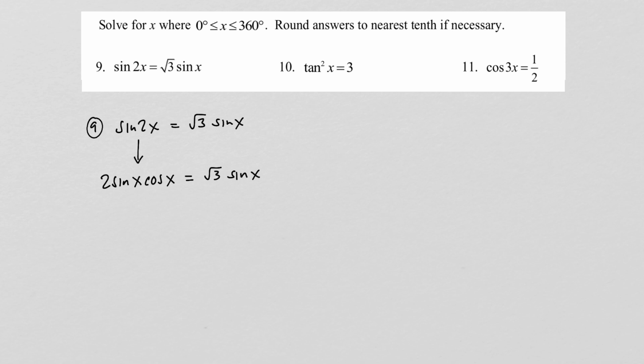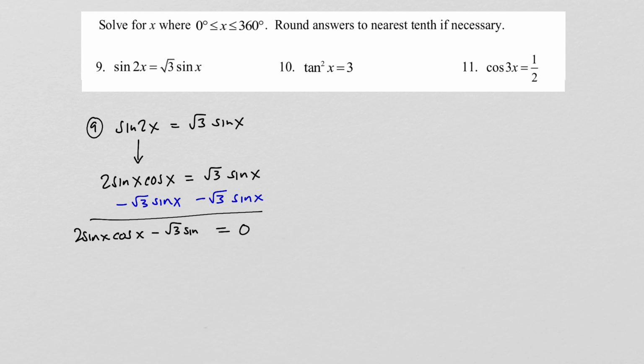Now the next thing to do here is maybe a little bit counterintuitive, but I'm going to subtract radical 3 sine of x from both sides. This is going to set this whole equation equal to 0. And on the left-hand side, we have 2 sine of x cosine of x minus radical 3 sine of x is equal to 0.